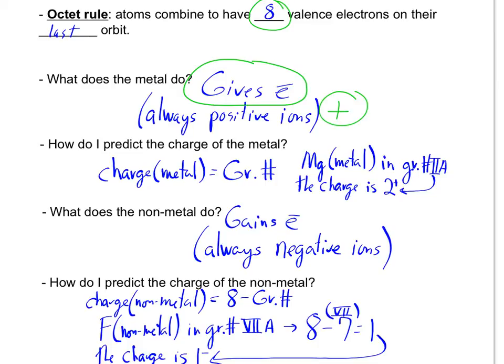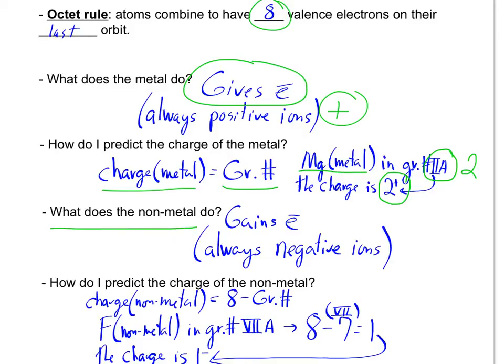And how do I predict the charge of the metal? The charge is equal to your group number, and that's it. For example, magnesium, which is a metal, is in group number 2A, so the charge is positive 2. Positive because it's a metal, and 2 because it's in group number 2.